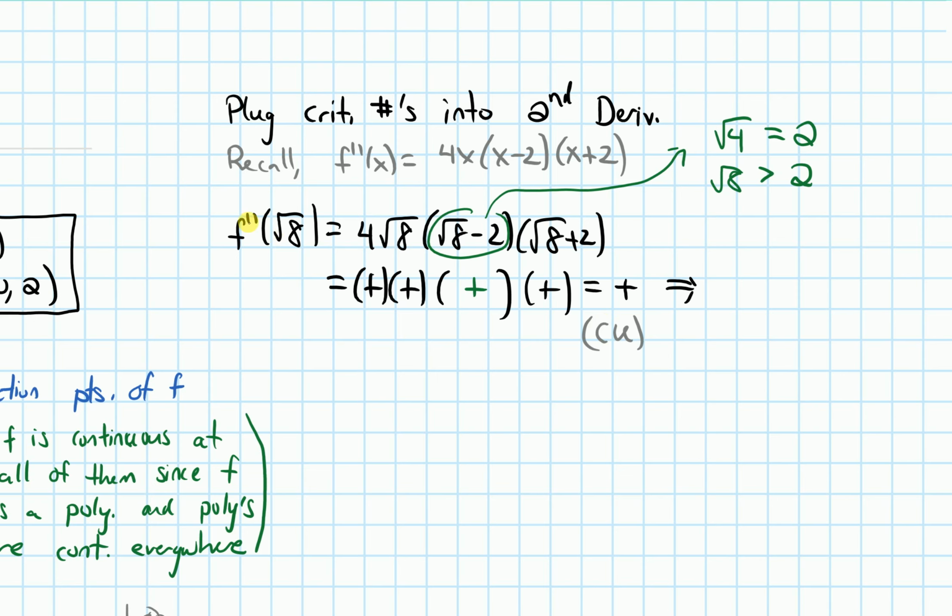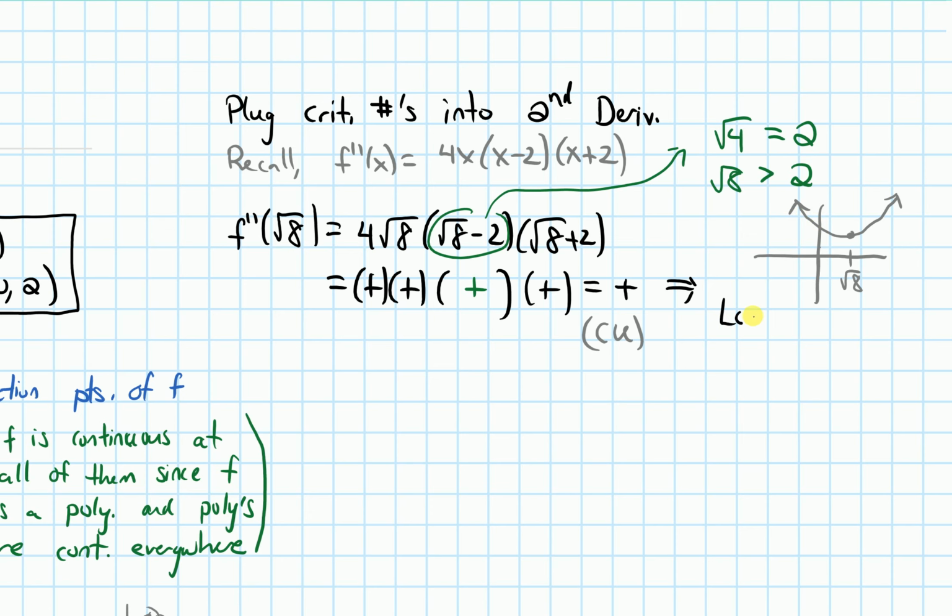So if I don't remember the second derivative test and what it says, this is where visualizing the graph can be helpful. If I draw some axes, I need to draw my function to look concave up at my critical number. So let's say this is root 8. I have to make it a critical number so it gets flat there, and then concaves up. Now I look at the graph and ask myself, okay, local min or local max? That's definitely a local min.